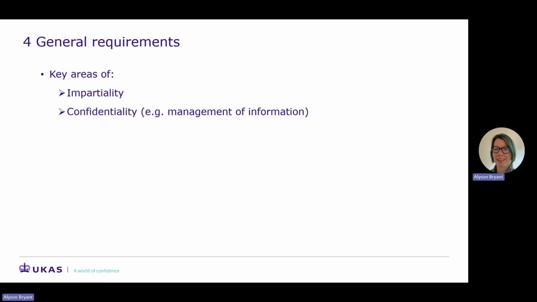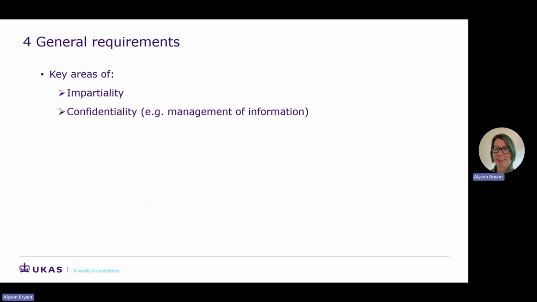I'm going to spend a few minutes now running through the key requirements of each of these sections to give you a really good overview of ISO 15189 standard requirements. Section 4 is a very general section, and the key areas included in this section include impartiality and confidentiality.